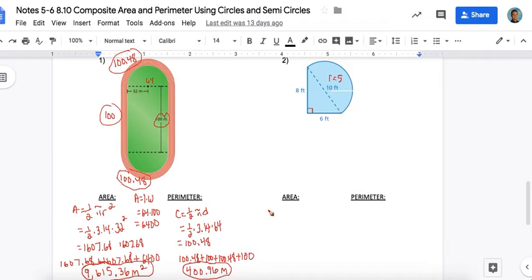So let's do the triangle first. Area equals 1/2 base times height. We're going to do 1/2 times 6 times 8, and that will give me 24. And now I have to do the semicircle. Whoops, so this is area.